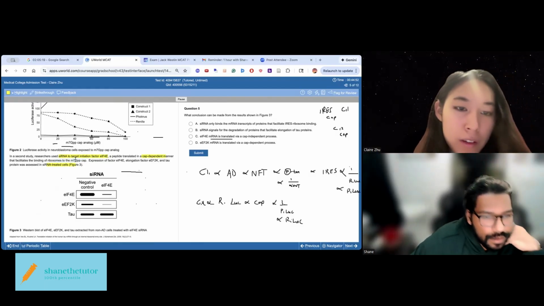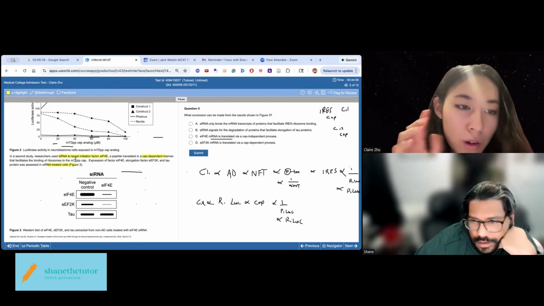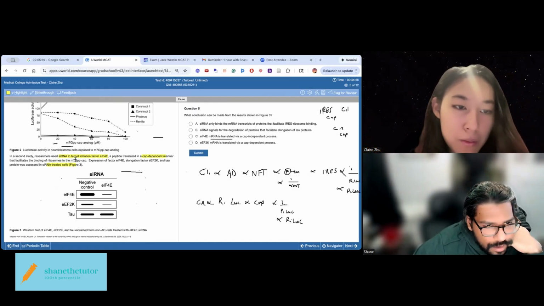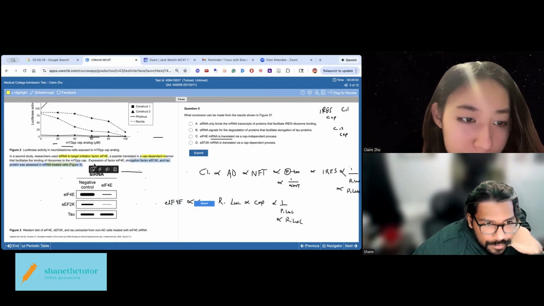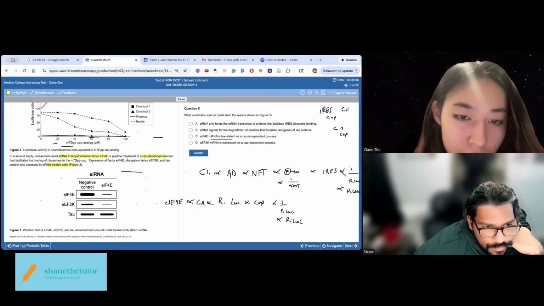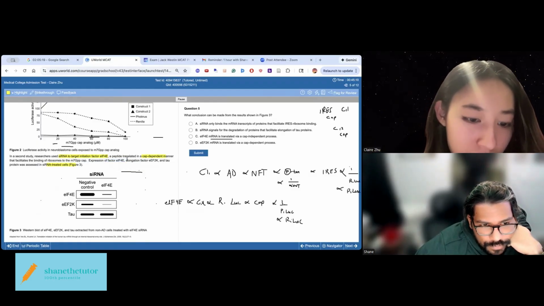So I would say ELF4E proportion to ribosome, maybe draw an arrow to M70PP cap. And then it seems like they're assessing this in siRNA treated cells.